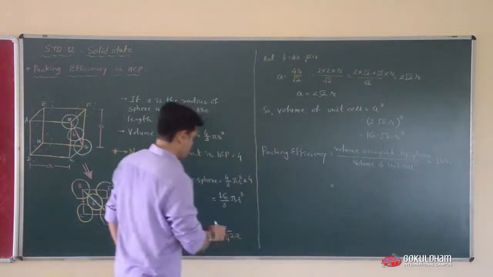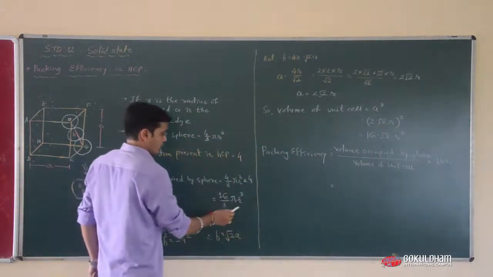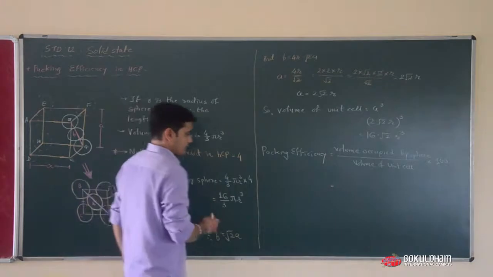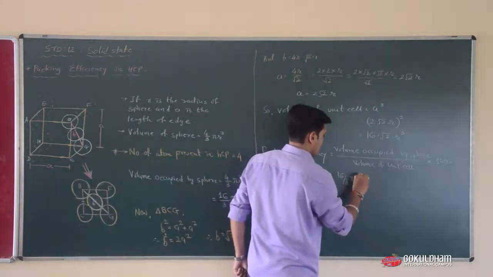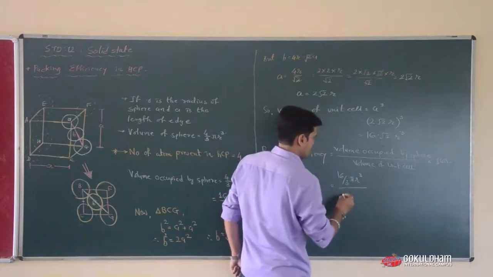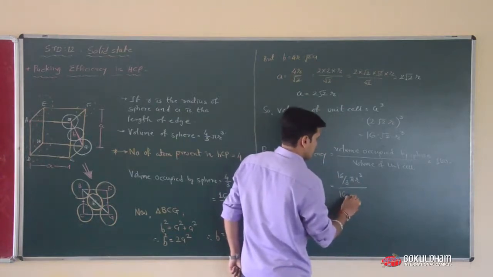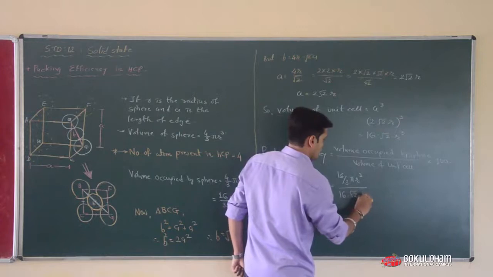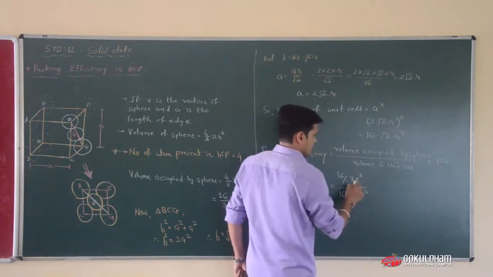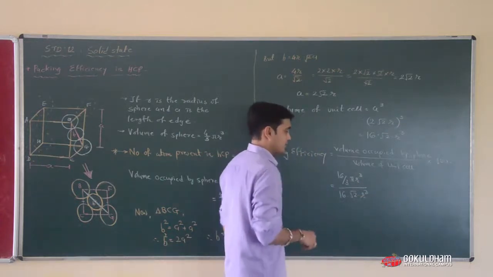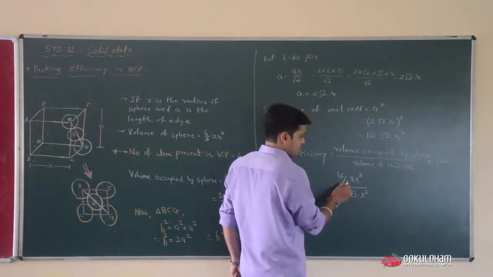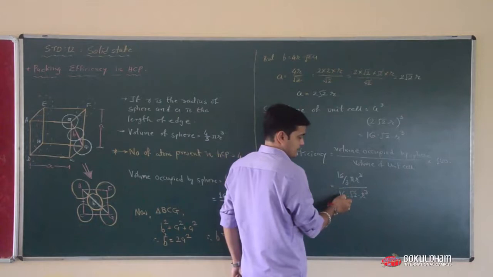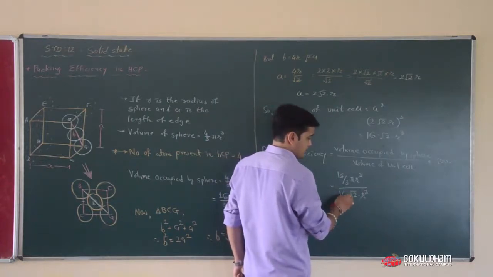So we have the value of volume occupied by spheres as 16 by 3 pi r cube upon 16 into under root 2 into r cube. This r cancels out, and this 3 goes into the denominator.